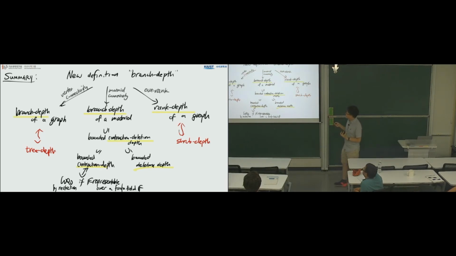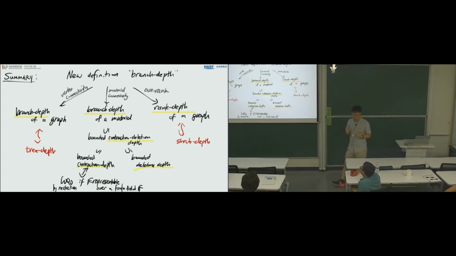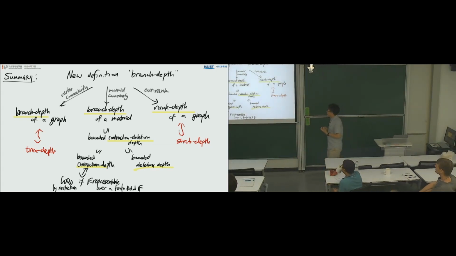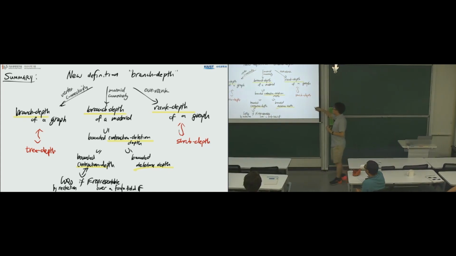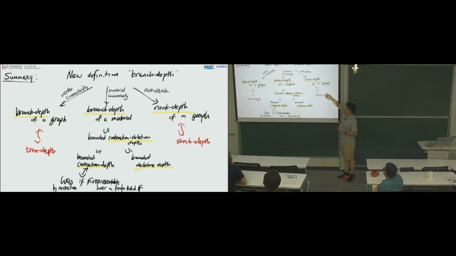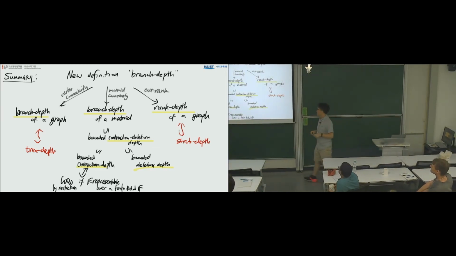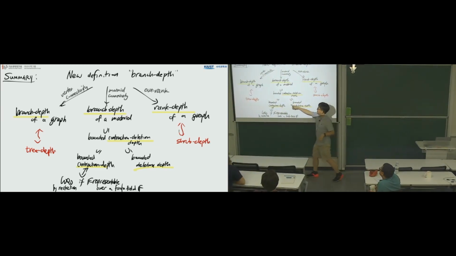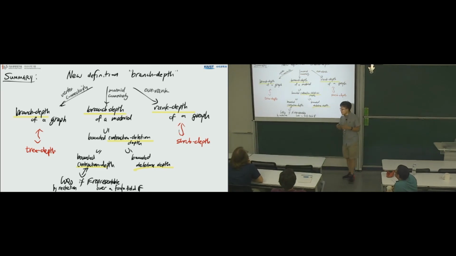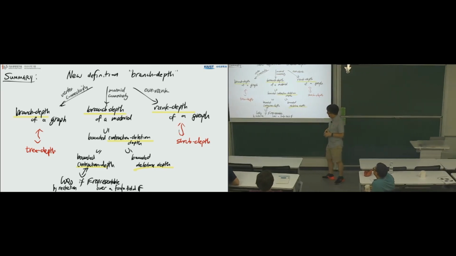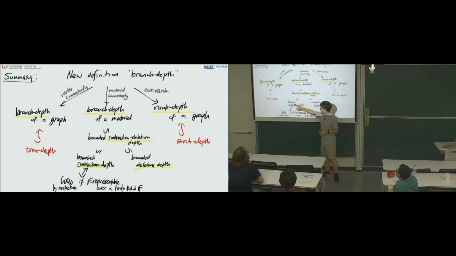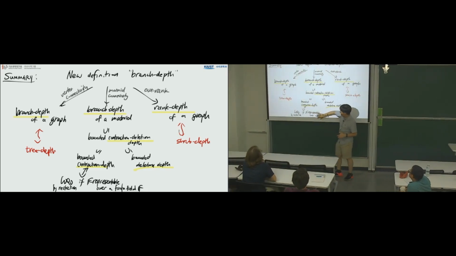If you use vertex connectivity, we get the definition of branch depth of graphs. In these two cases, we found connections to existing concepts. For the matroid case, we found many layers of different depth parameters with containment relations, and we found that all of them are proper containments. And the well-quasi-ordering result for tree depth was generalizable only to this case.